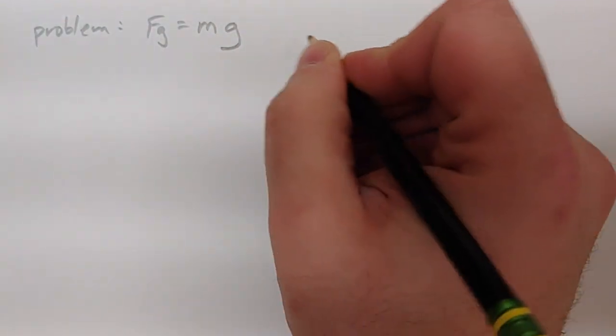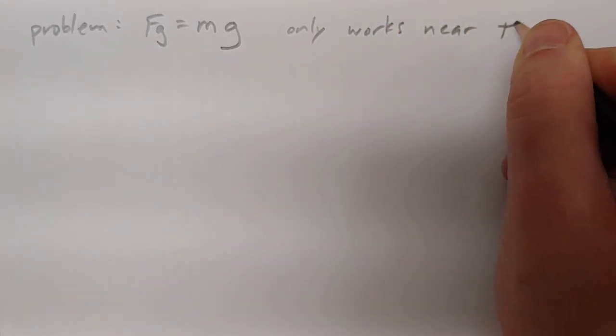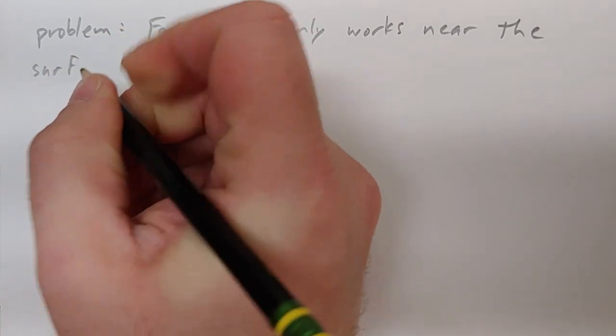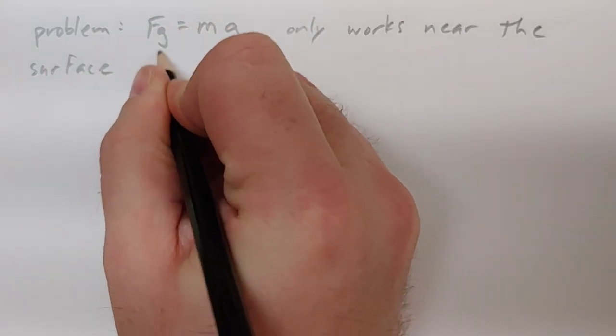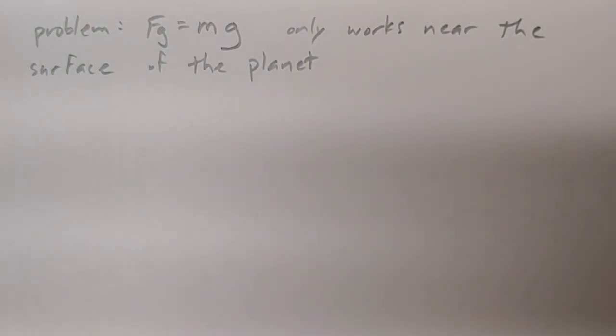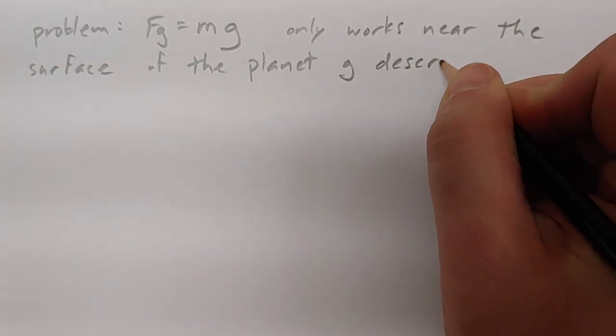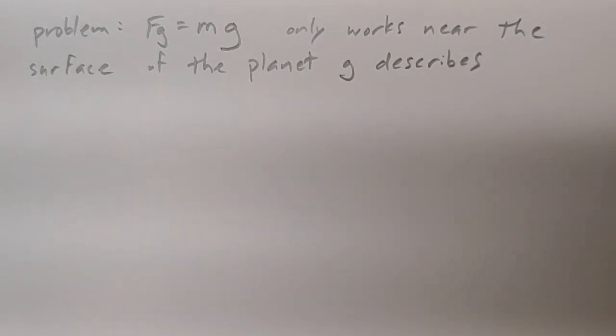So our problem is this equation only works near the surface of the planet that g is being measured for, or g describes. It does not explain gravitation for things that are further out, and it certainly doesn't explain the forces of gravity that we observe between planets that are very far away from each other.